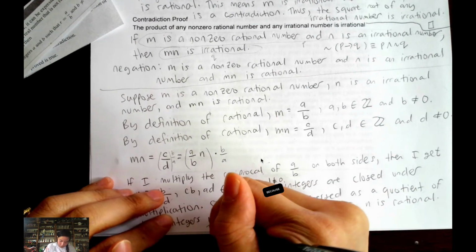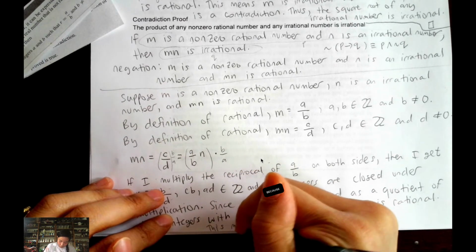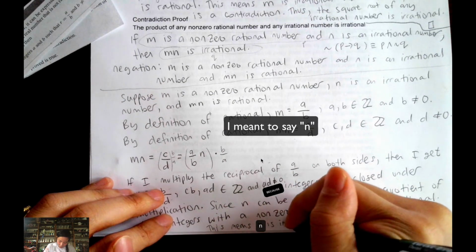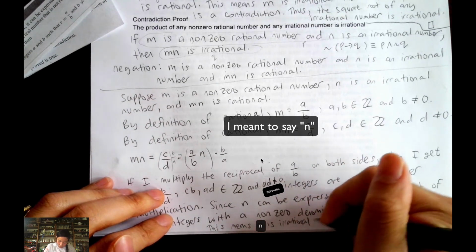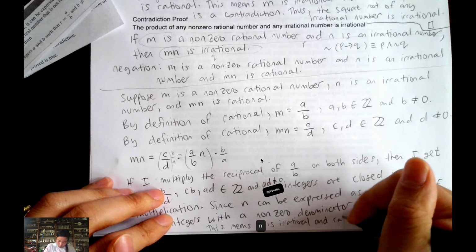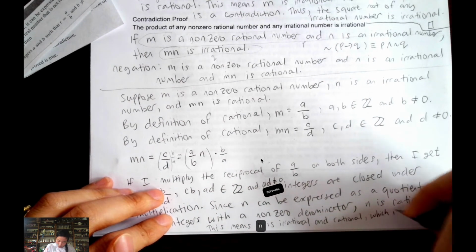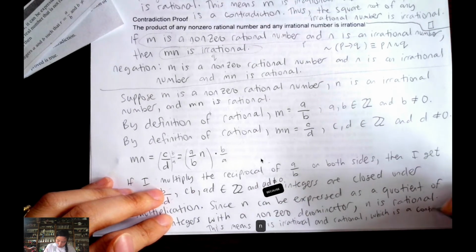So we could say this means n is irrational and rational, which is a contradiction.